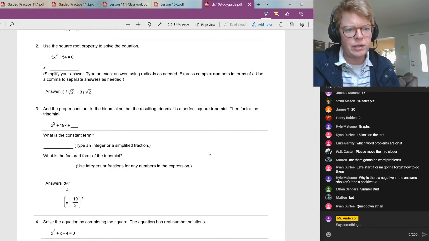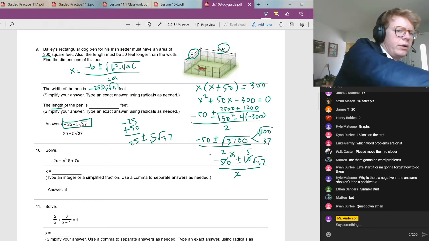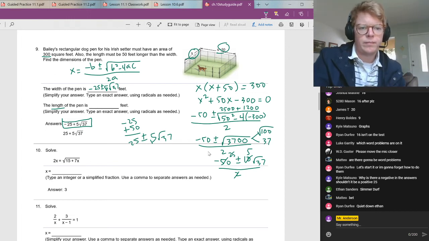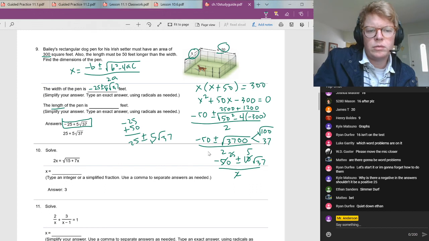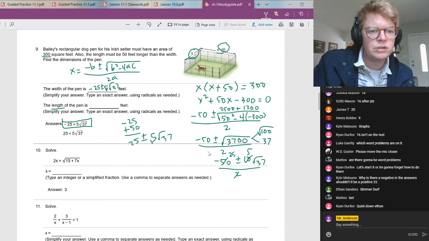Let me see if I have that here. Okay. Now, technically, you're saying right here that the answer was negative. If you do negative 25 plus 5 square root 37, if you add those together, your answer is actually positive. Because 5 times square root of 37, that's pretty close to 6, right?